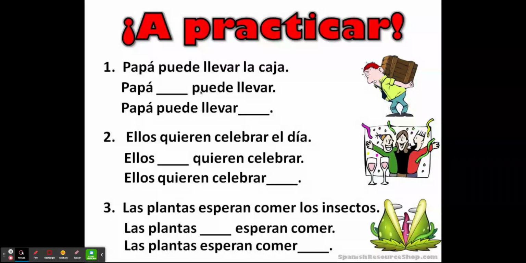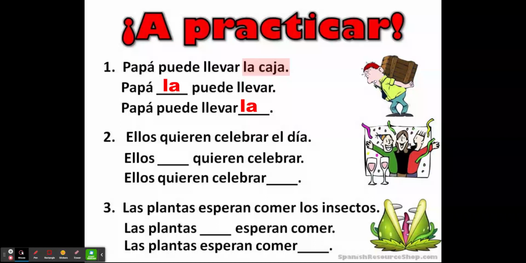One is before and the other one is after. La caja, muy bien. Puede llevar, what is it that he can carry? La caja. And then, papá la puede llevar. Papá puede llevarla.